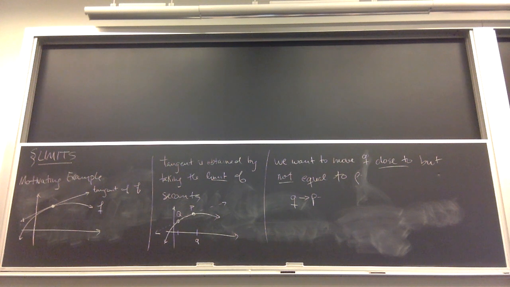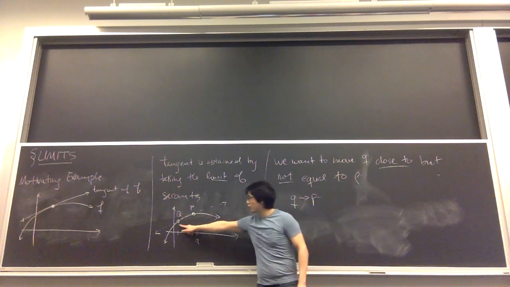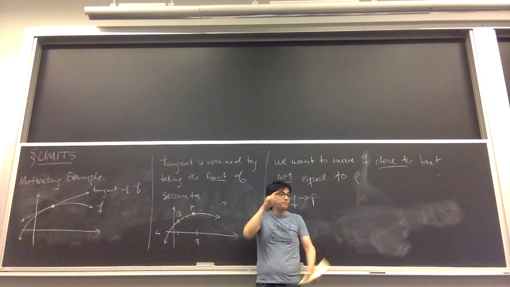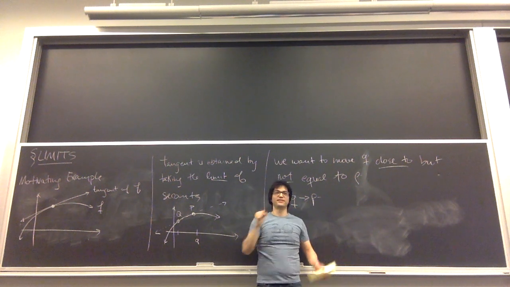Yes, sir? Yeah, I'm using P and Q to form a line. How many points do you need to form a line? 2. Therefore, they can't be the same point. I can't draw a line between one point and the same point.